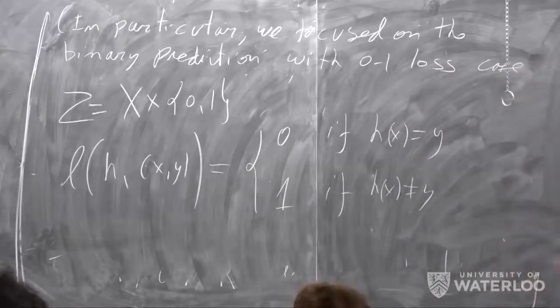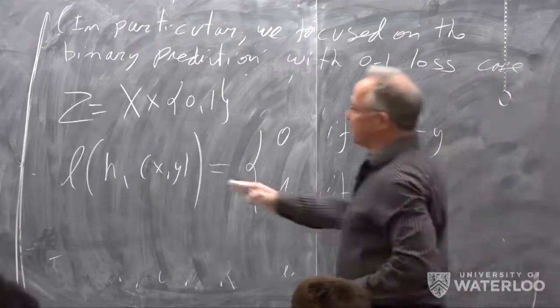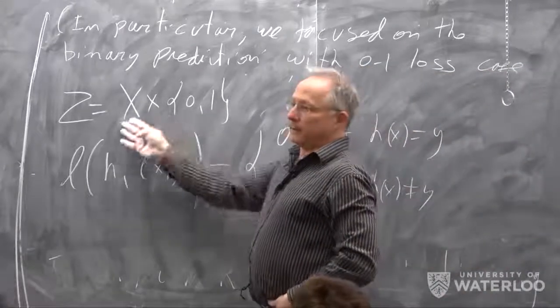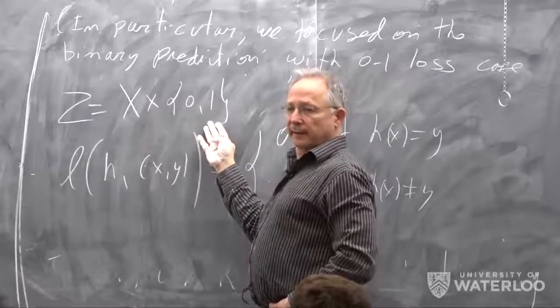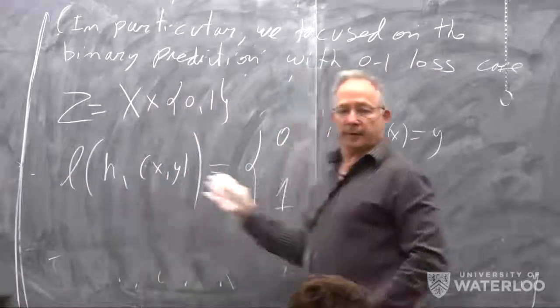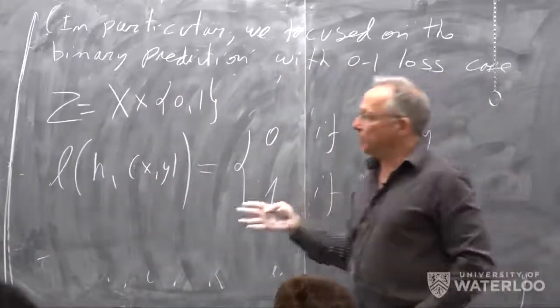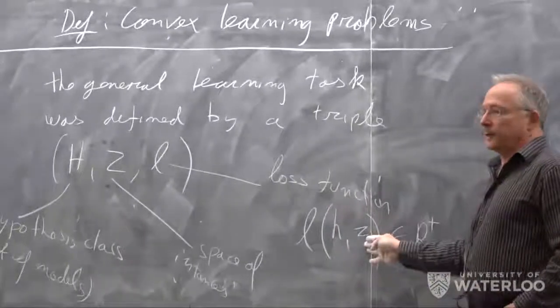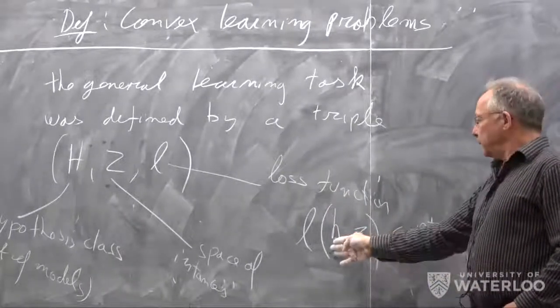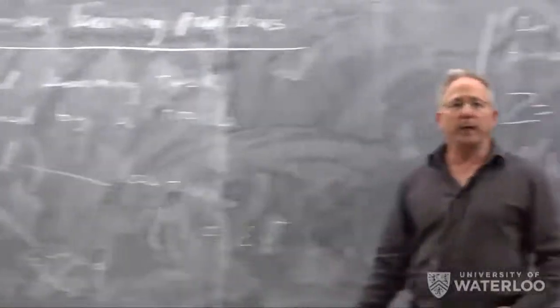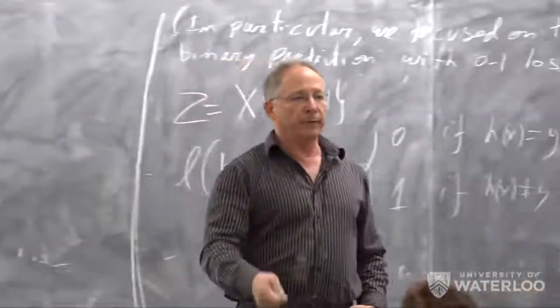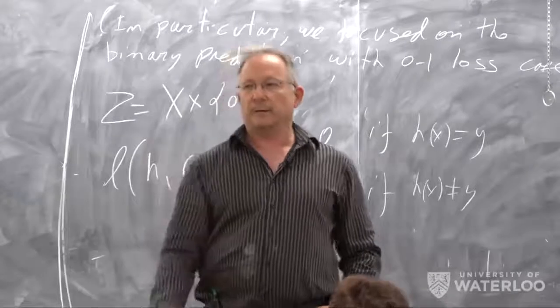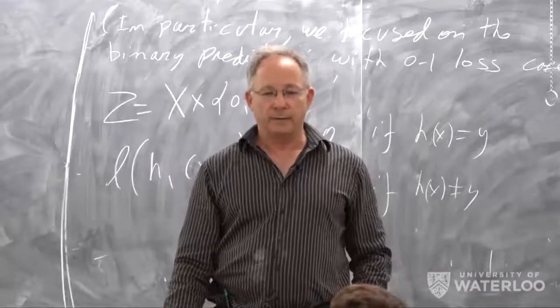So that was this general setting, and we mostly focused on the case that Z is points with labels, and you check how well H predicts the label. But in general, it could be more general. I mean, H could be any model, Z could be something more abstract, and we just need to know a loss. How well does the model behave or fit the particular instance that we have at this moment?